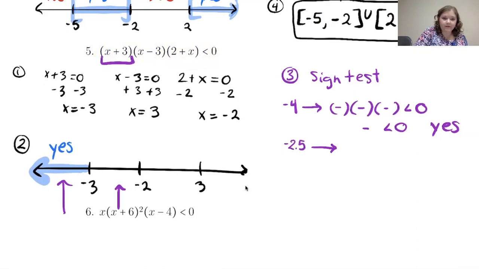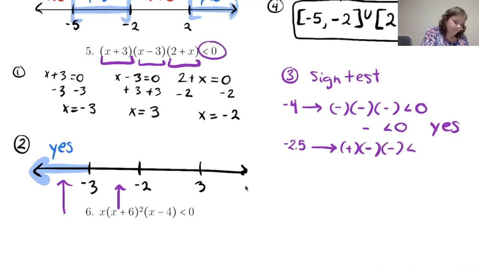This first term, -2.5 plus 3 is positive. -2.5 minus 3 is a negative. And then 2 minus 2.5 is going to be a negative also. And we think, is that less than 0? So positive times negative is going to be a positive number. So positives are not less than 0, so that one is a no. So no there, don't shade the interval.